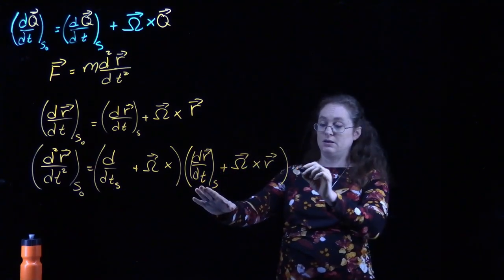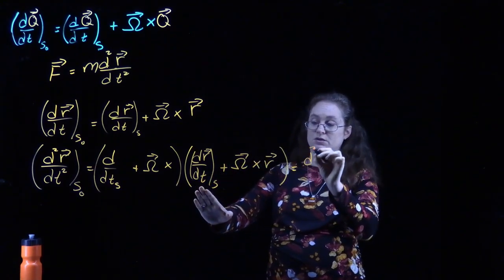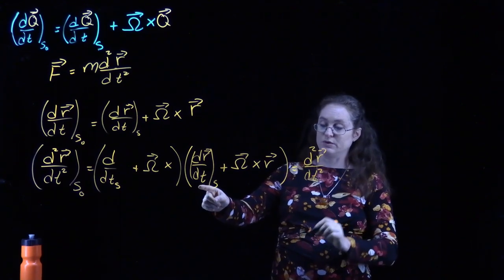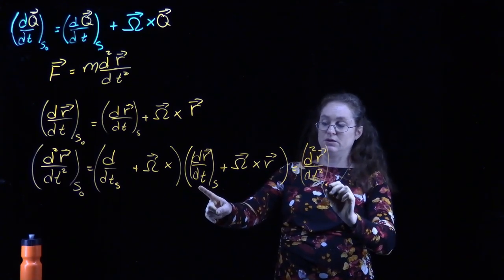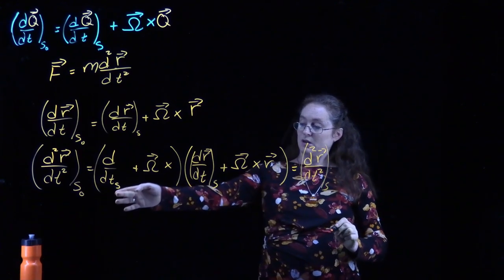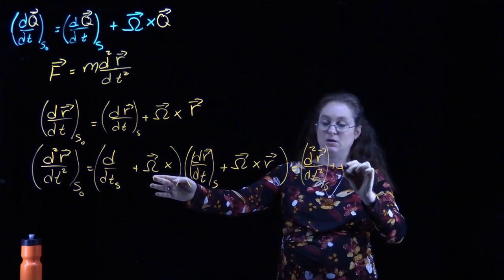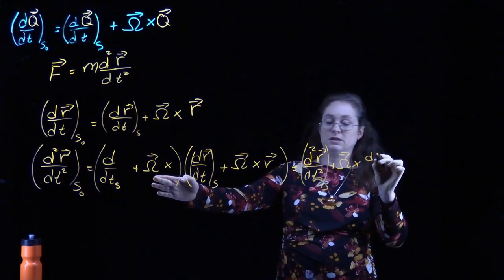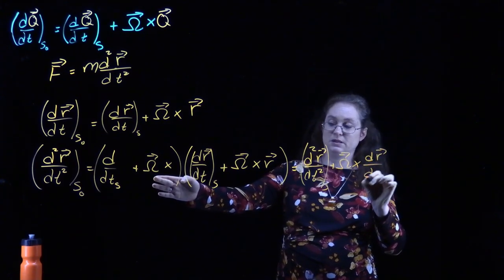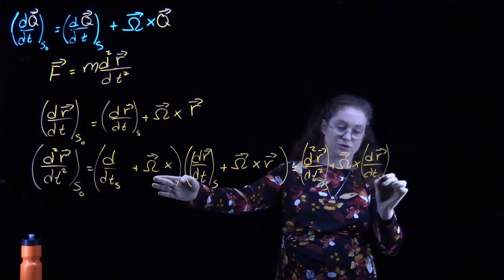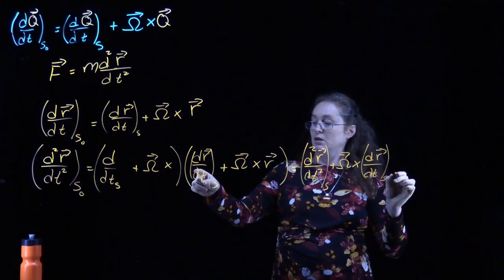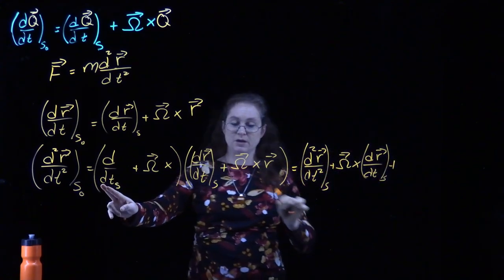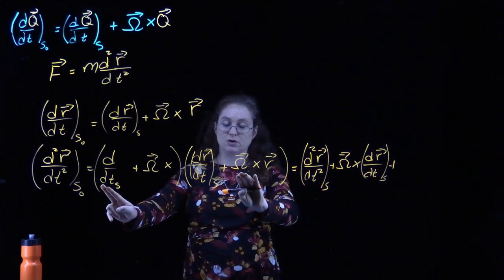This is going to give us d squared r/dt squared, so written in the non-inertial reference frame. Then we get omega crossed with dr/dt in the non-inertial reference frame. And then we get this time derivative acting on this term.